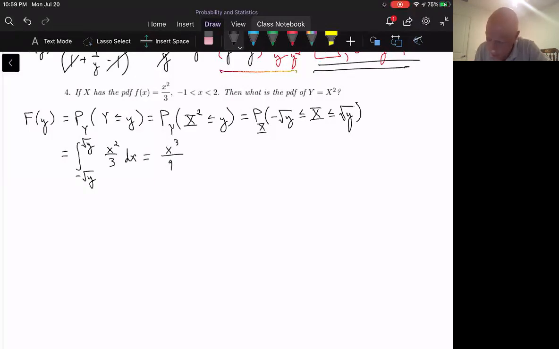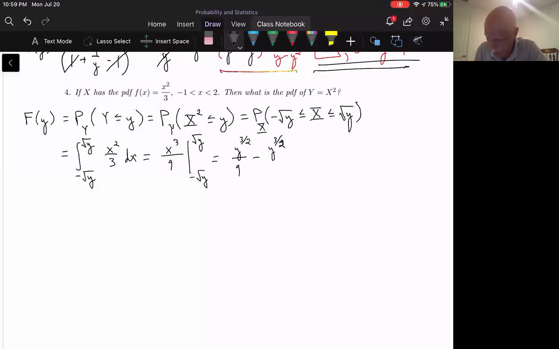So it's x cubed over 9, which you're evaluating from negative root y up to positive root y. Or you could view that as negative y to the 1/2 up to y to the 1/2. That'll make things easier in the next step. When you evaluate, you've got y to 3/2 over 9 minus a negative y to 3/2.